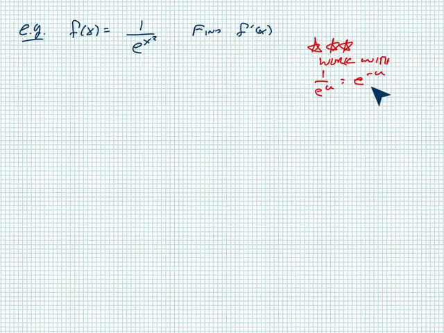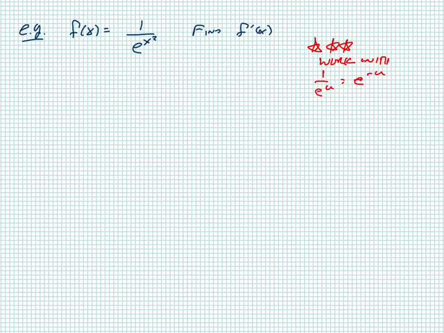We didn't do this before, because when we had negative exponents we'd usually bring them down. But we did do this using the power rule. Remember, when you were first learning how to differentiate 1 over x squared, I would first rewrite it as x to the minus 2 and then differentiate. So I'm going to do the same thing with these e's. It's a lot easier to differentiate and to integrate with the rules if you bring this up to the numerator. So I'm going to rewrite this function so it's easier to differentiate.